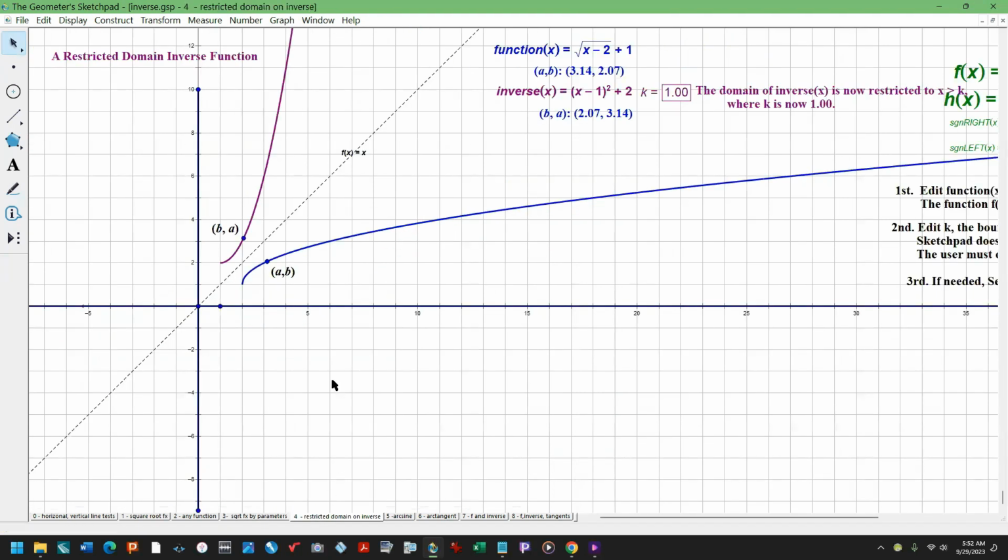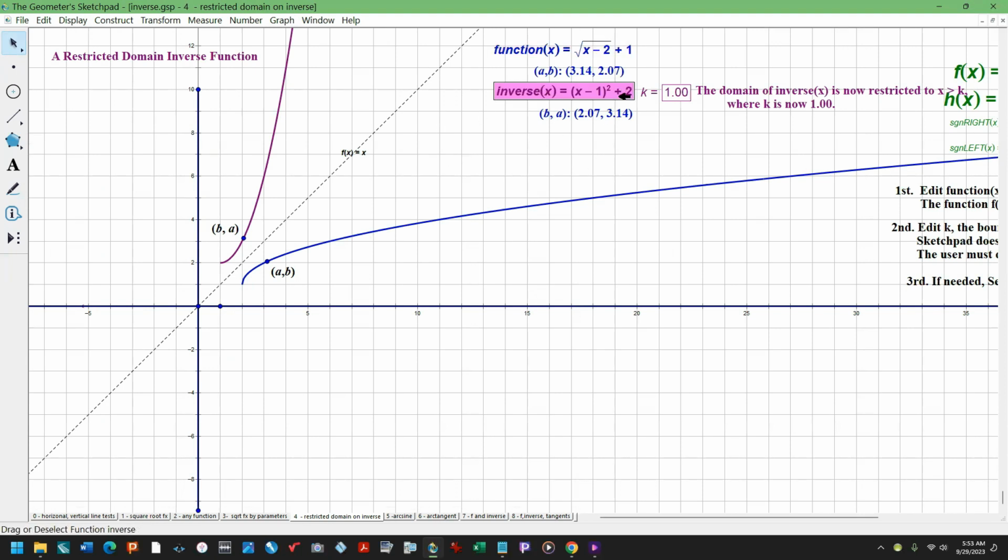In order to take the inverse of that square root reflected across the line, you'll get that parabola, but only part of it. So the point is you have to restrict the domain. Here is the function in blue.